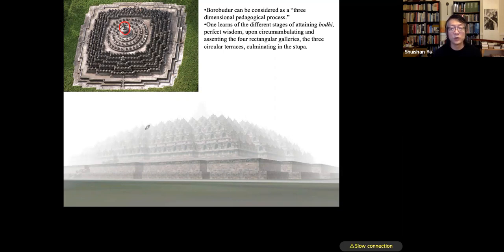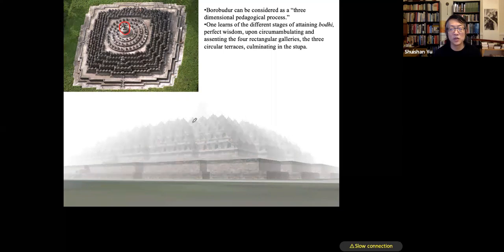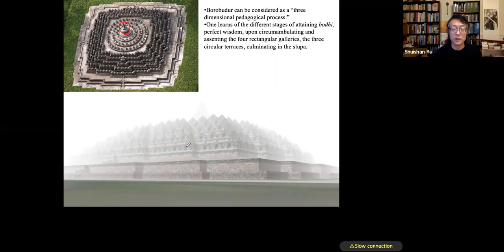And so Borobudur can also be imagined as a giant machine for enlightenment. By circumambulating different levels and eventually end up at the top, the numerous sacred images and Buddha statues were meant to help you to achieve that enlightened mind.